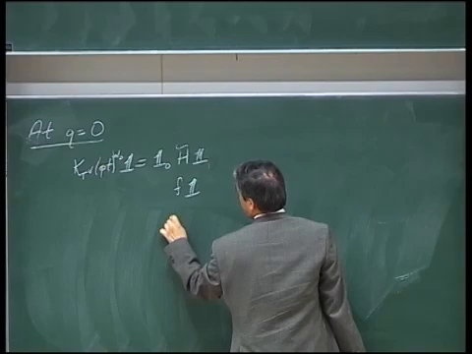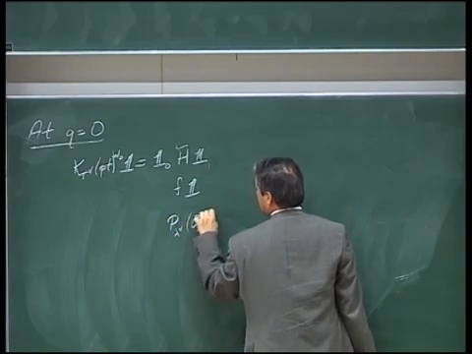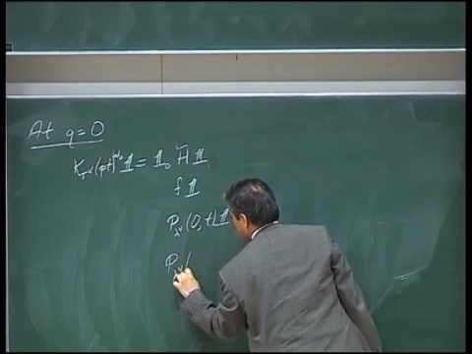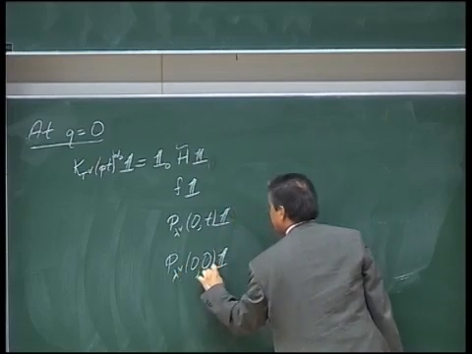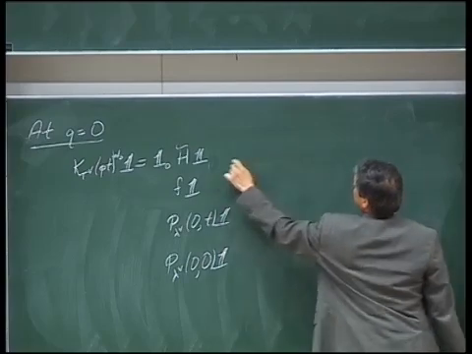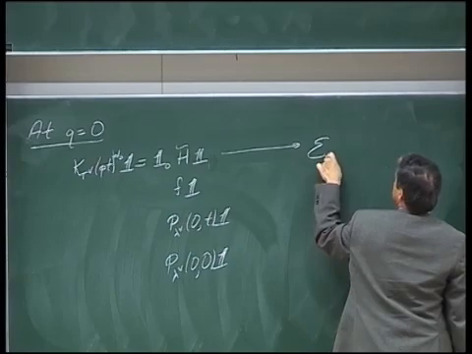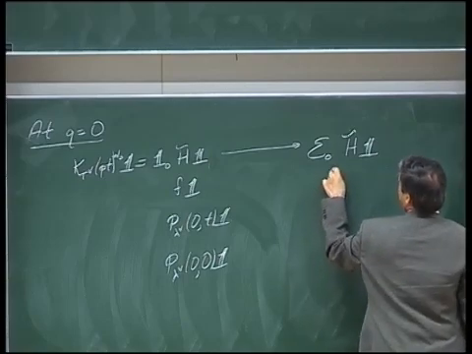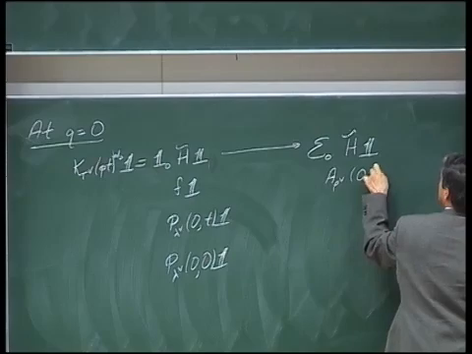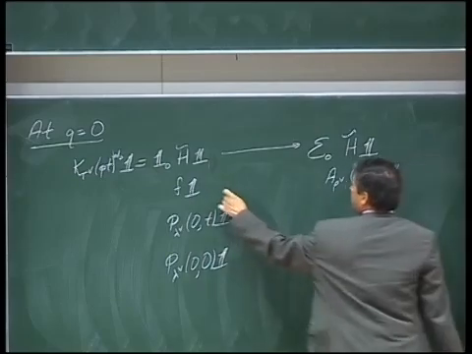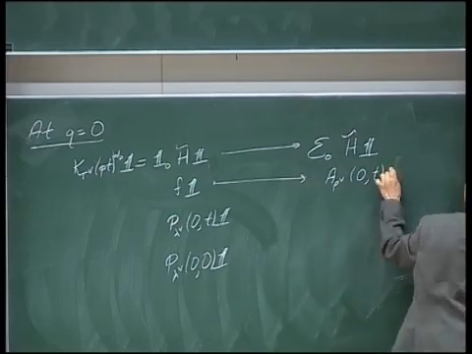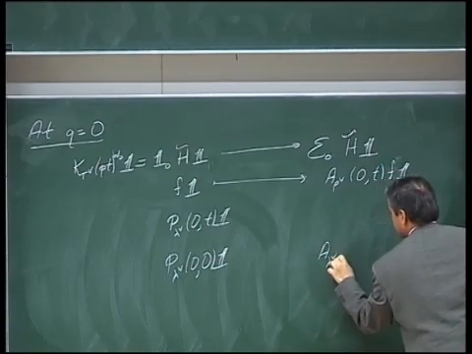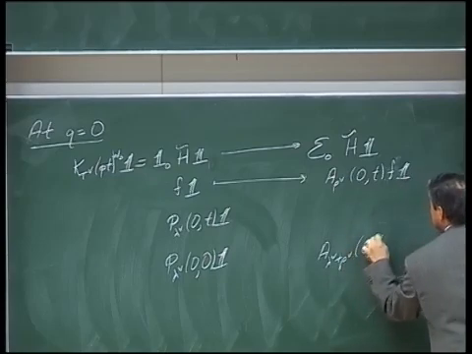And let's put P lambda check of 0 T 1. And let's put P lambda check of 0, 0, 1. And let's put here epsilon 0, H tilde 1. And here A rho check of 0, T 1. F1, and A lambda check plus rho check of 0 T 1.